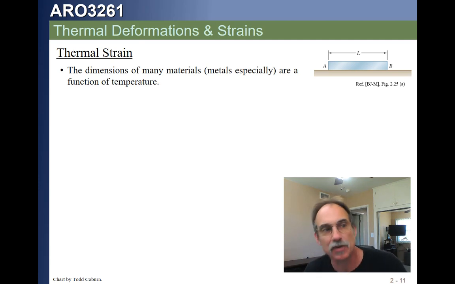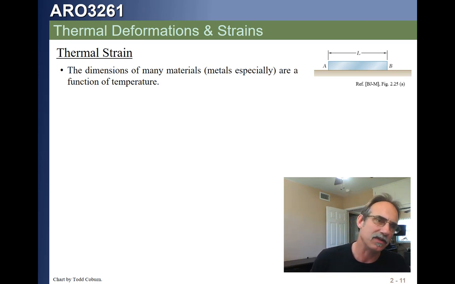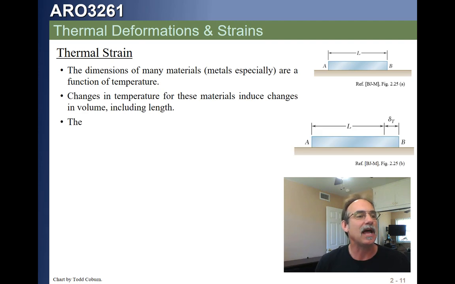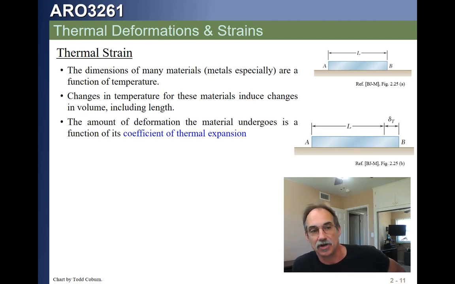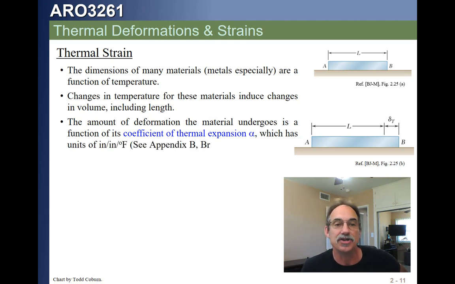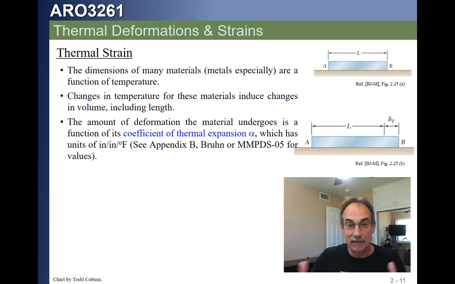So let's just imagine we have a plate, as shown here, sitting on a frictionless surface, so there's nothing messing with our numbers. And let's say we apply a change in temperature delta T. If we change the temperature, it's actually going to get larger in all directions. That means in this length, and the thickness.